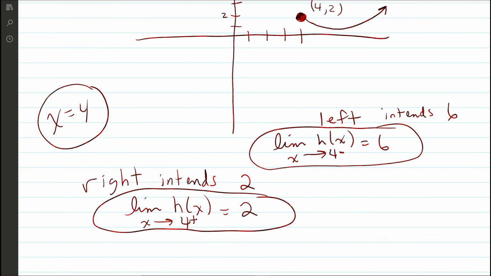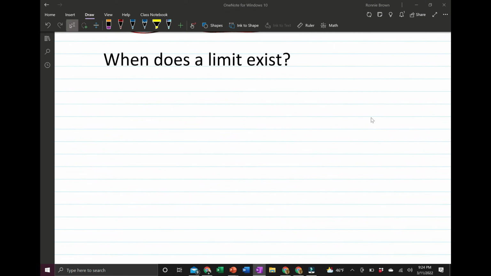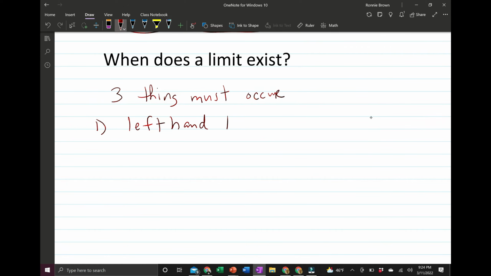The next topic in our intro to limits is finding when a limit exists. There are three things that must occur for a limit to exist. The first thing is the left-hand limit that we get must exist at x equals c.